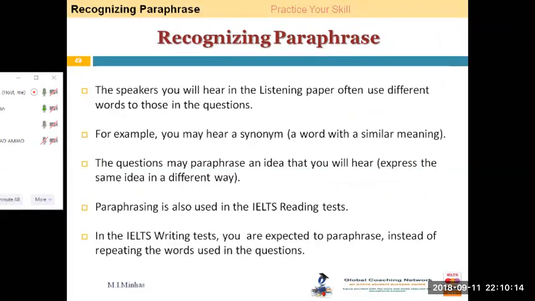Paraphrasing is also used in IELTS reading, and you have already seen it. And in the IELTS writing test and speaking test, it is expected from you that you will use this paraphrasing. In reading and listening, you will have to deal with paraphrasing, and in writing and speaking, you are expected to use paraphrased versions.